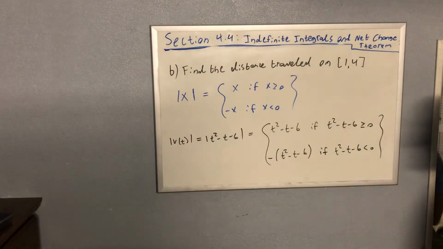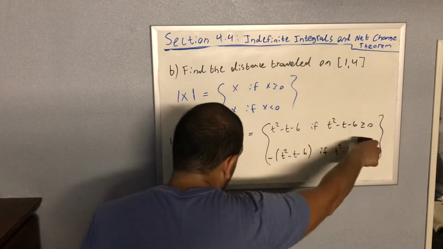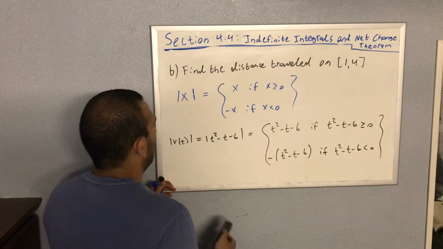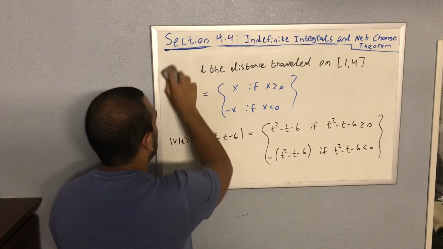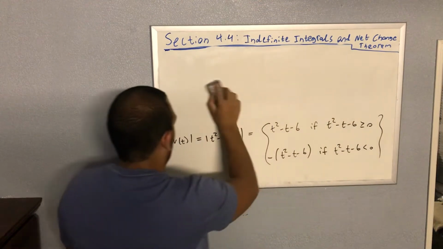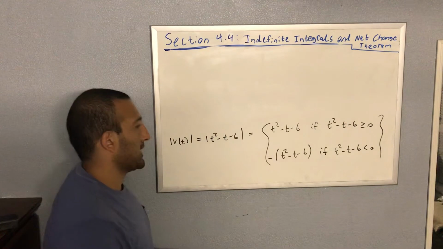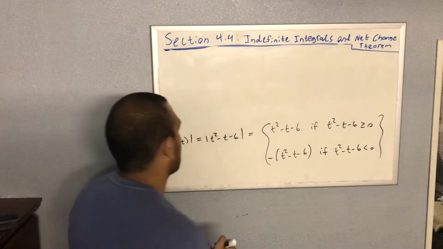Okay, so now your question may be, okay, how do we find when these conditions are satisfied? And the easiest way would probably be to just graph this guy. Okay, so you can find the x-intercepts of any function by setting it equal to 0, right?